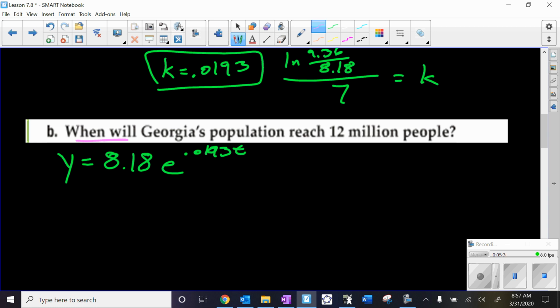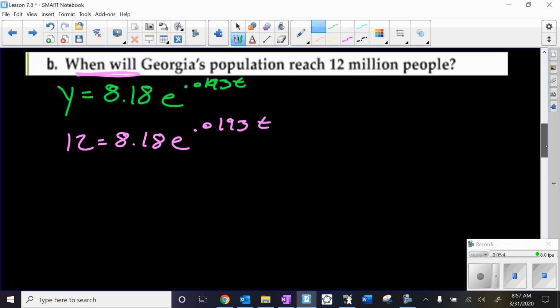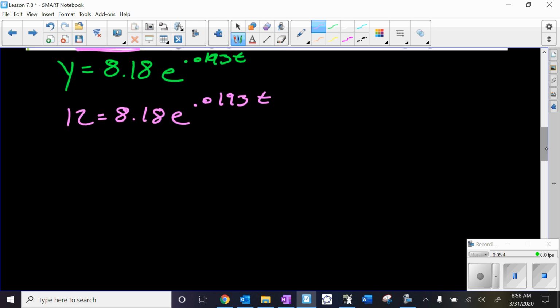So if I'm asking when will, I want to solve for time t. 12 million goes in for y. 12 equals 8.18 e to the 0.0193 t. Very similar to part A. Divide both sides by 8.18.